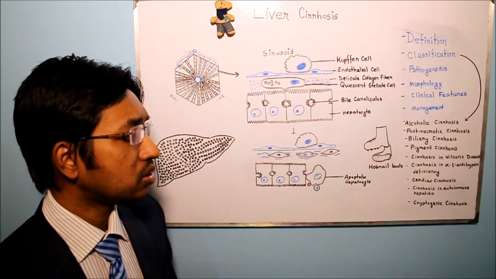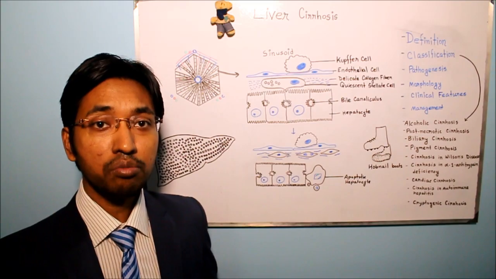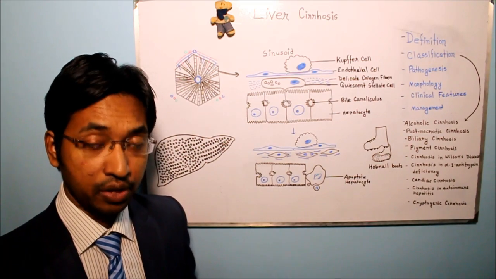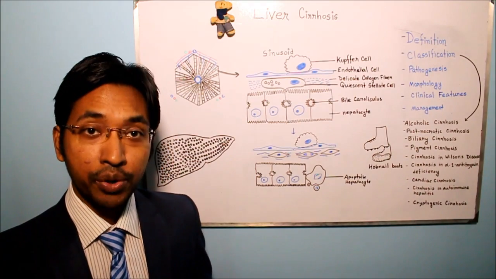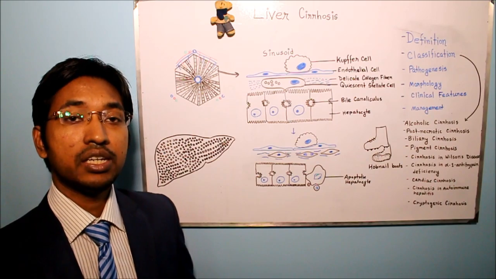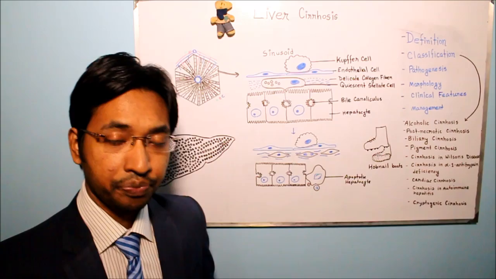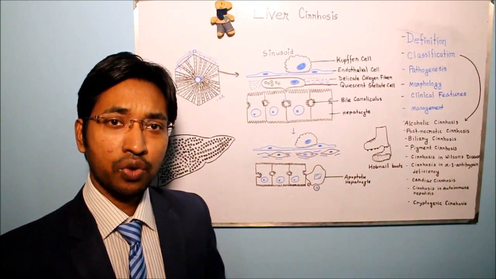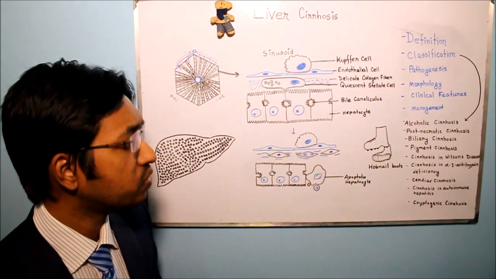This is an autosomal recessive disorder in which abnormal copper metabolism leads to toxic accumulation of copper in certain tissues, mainly in the liver, in the brain, and in the eye. As a result of excess copper accumulation in the liver, there will be liver cirrhosis.